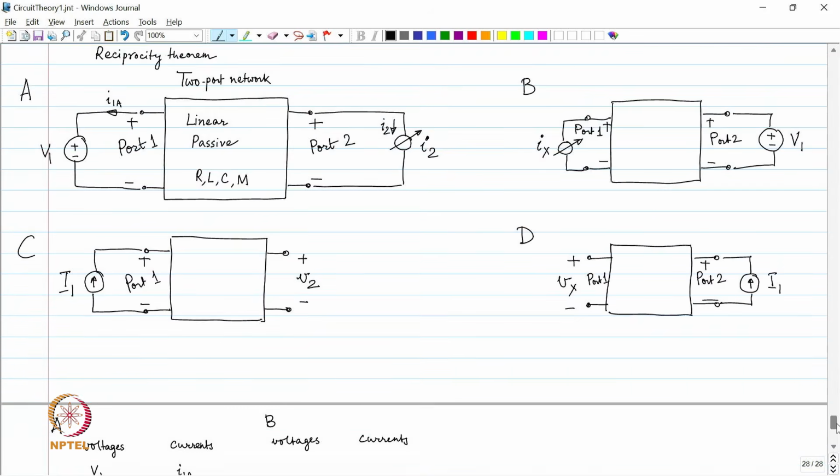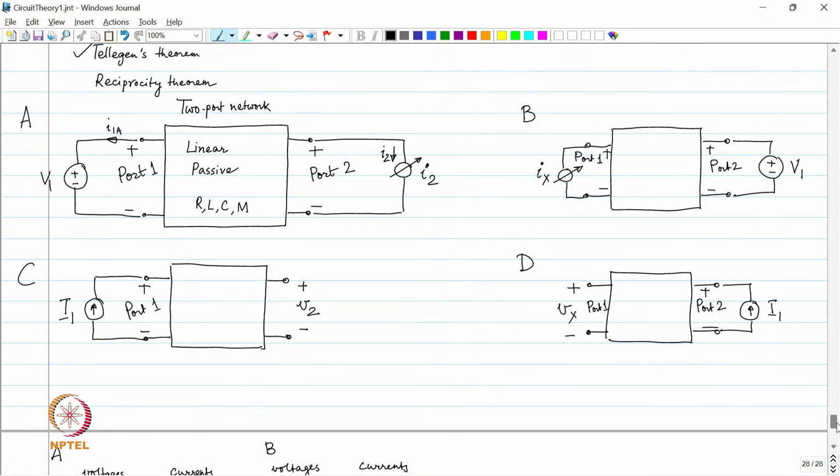Now, let us move to experiment B. In experiment B, component by component, we are going to look at it in the same order, same polarity. So, where earlier there was V1, what is now the voltage in experiment B?